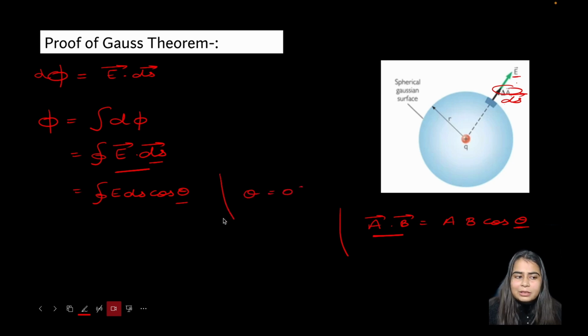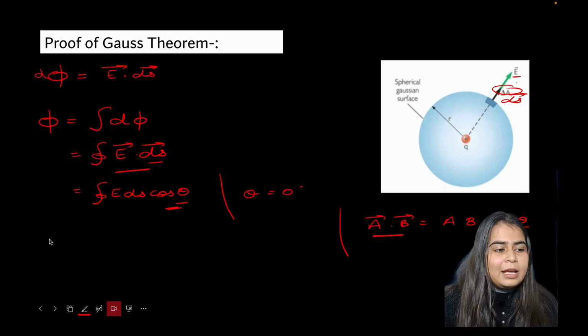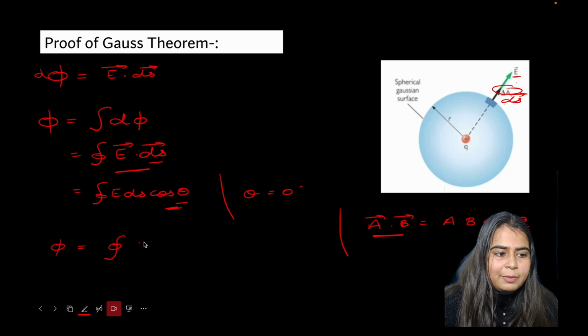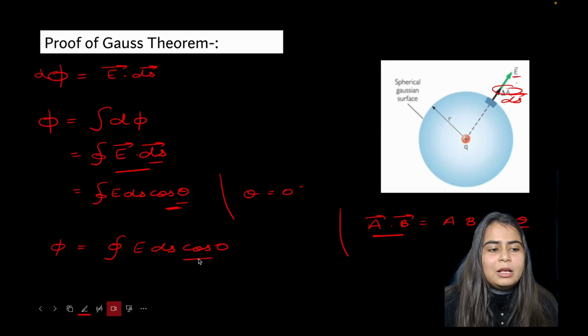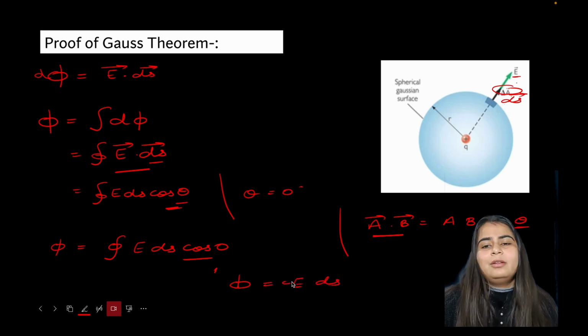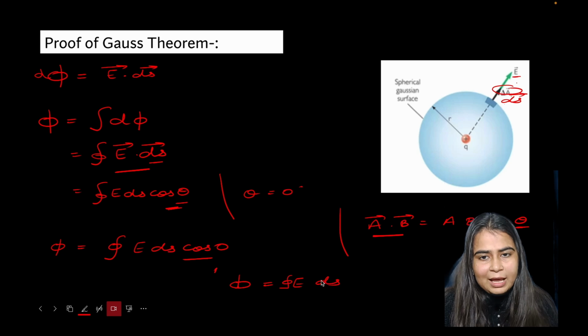Now if this angle is 0 degree, this phi can be obtained by the closed surface integral, and it will become E ds cos 0. And we know that cos 0 is simply 1. So the flux which I'll get from here will be E ds and the closed integral along it, right?